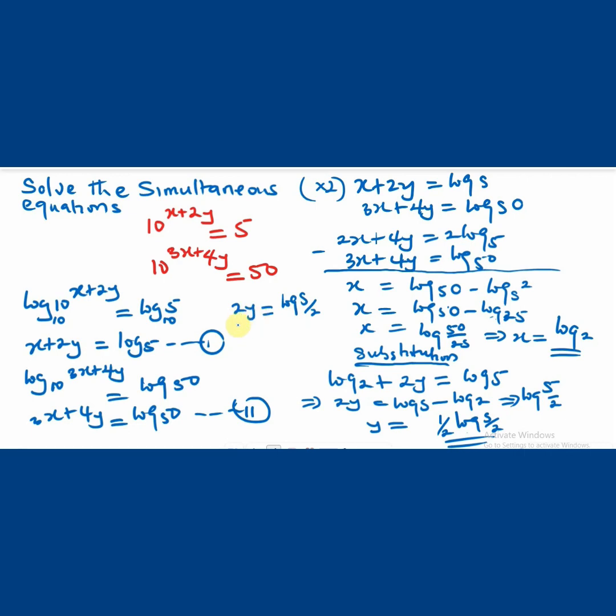So for me to get the value of y, I'm going to divide with 2. So this will cancel out this. That will give me y is equal to half log 5 over 2. So that is where I got this half log 5 over 2.